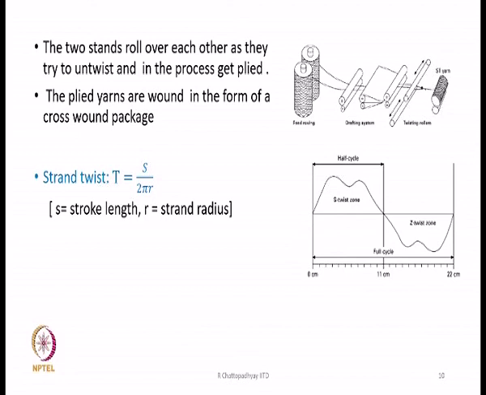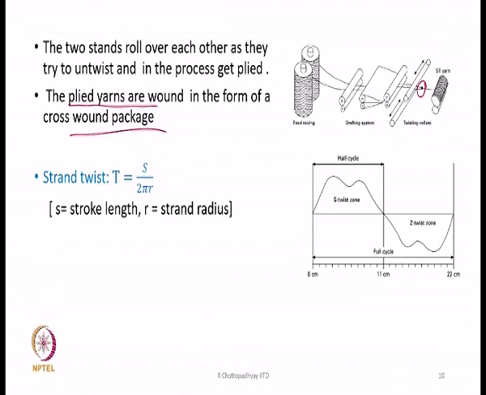Once they reach that point, I will come to a little detail about the phase shift. The two strands will be allowed to untwist and they roll on each other now, and therefore, they will get plied.